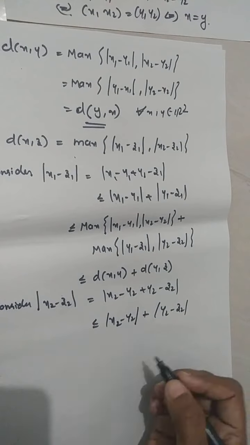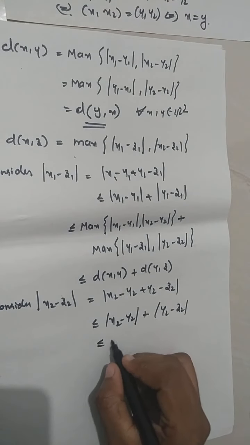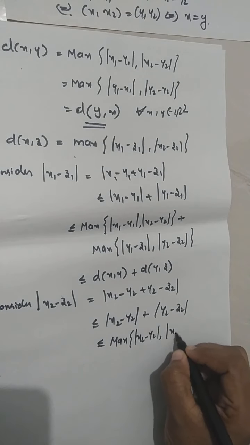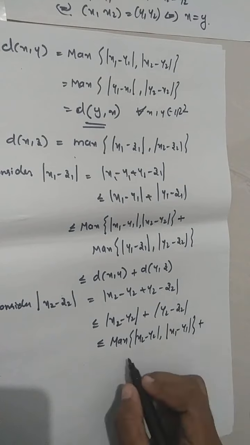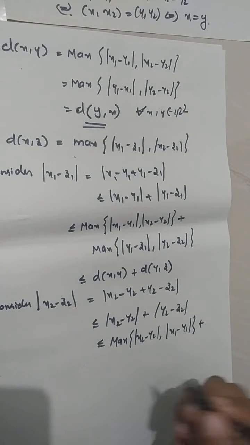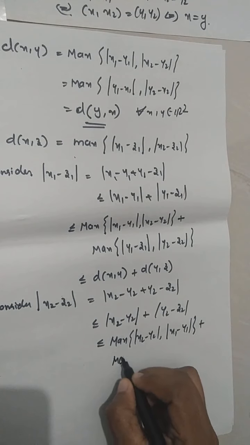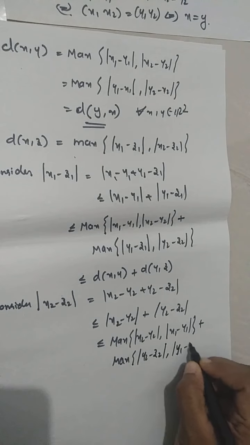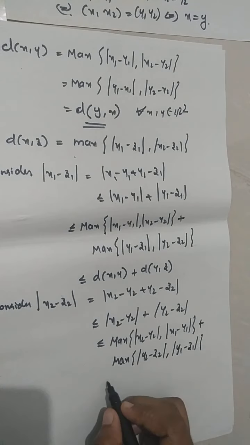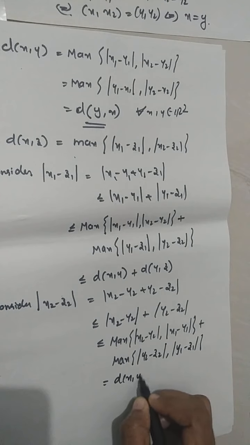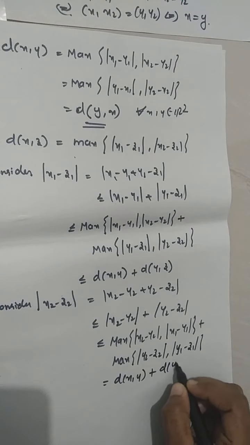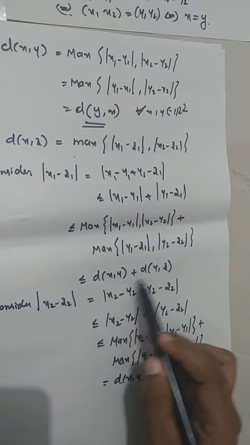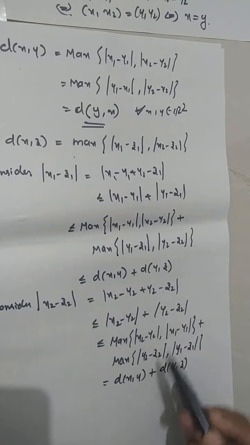Now we replace each term by its maximum: the maximum of modulus of x2 minus y2, comma, x1 minus y1, plus the maximum of modulus of y2 minus z2, comma, y1 minus z1. What is the first term? That is nothing but d(x,y). The second term is d(y,z). So we proved that modulus of x1 minus z1 is less than or equal to this sum, and modulus of x2 minus z2 is less than or equal to this sum.